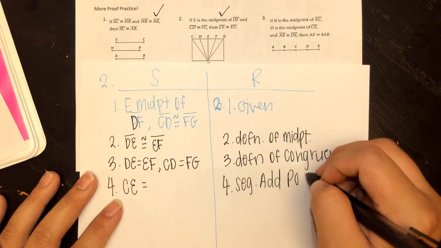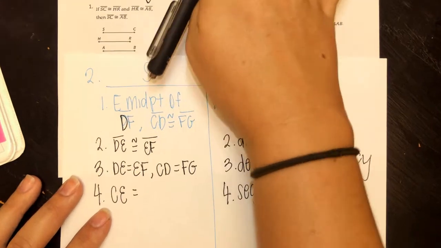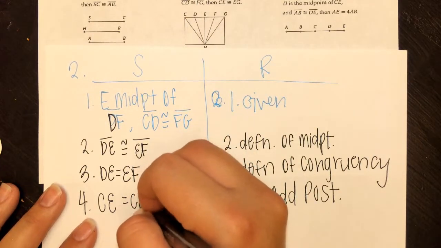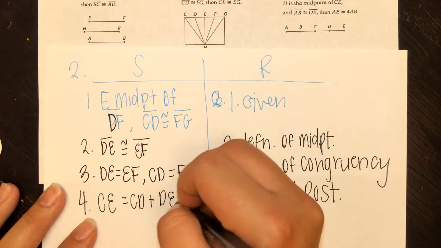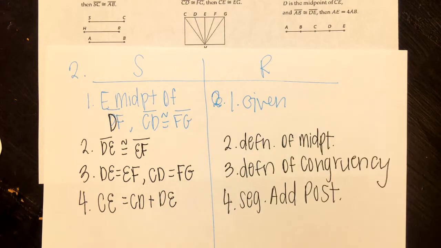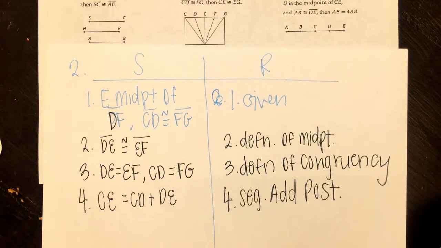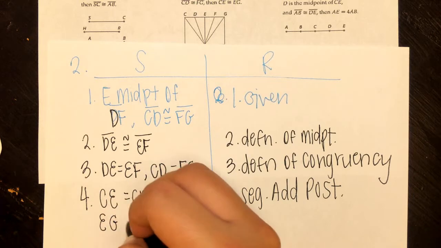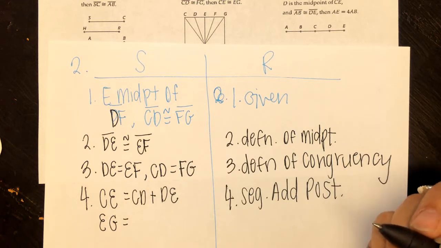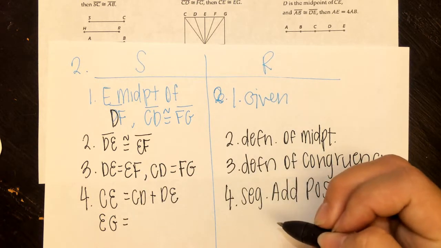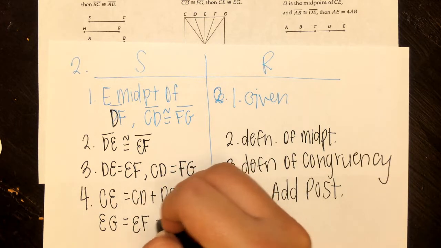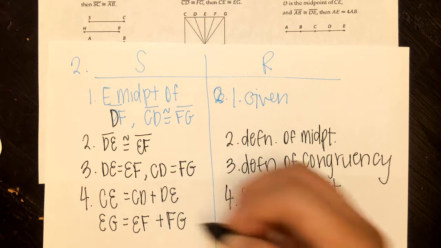Based on the segment addition postulate, CE, which is this thing, is equal to CD plus DE. And EG is equal to what? EF plus FG.